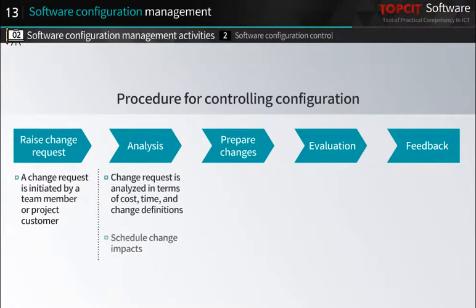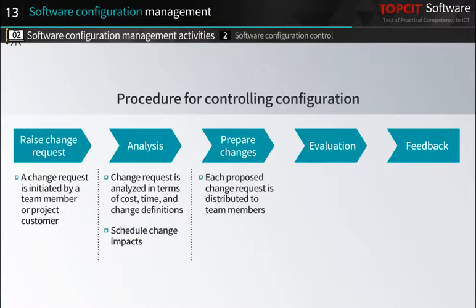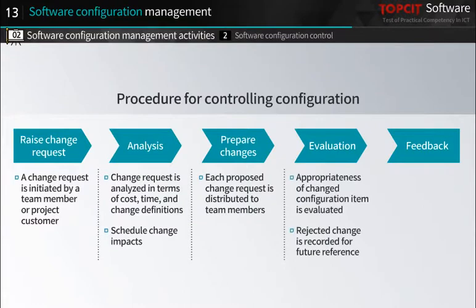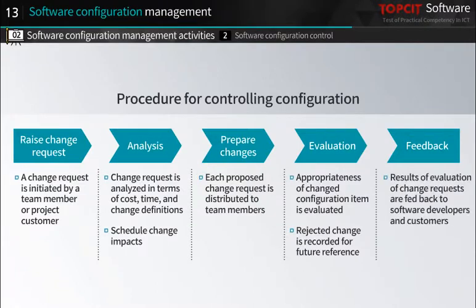This change request is analyzed in terms of cost, time, and change definitions, and the change impacts are scheduled. Then each proposed change request is distributed to team members. After the appropriateness of the changed configuration item is evaluated, the rejected change is recorded for future reference, and the results of the evaluation of change requests are fed back to software developers and customers.